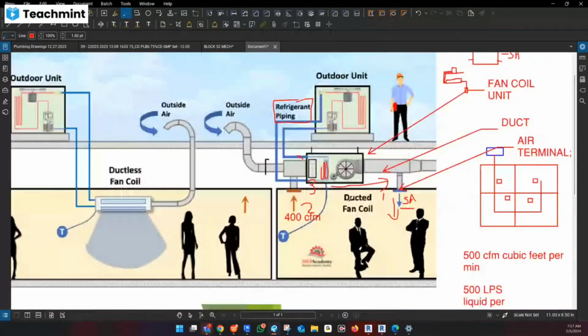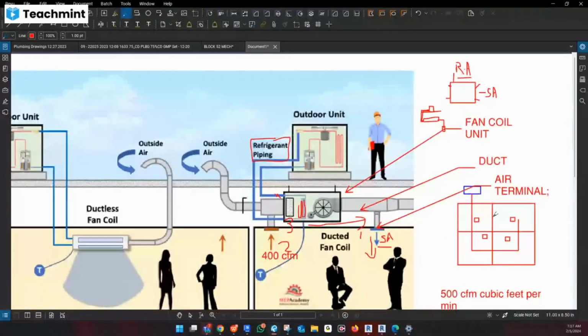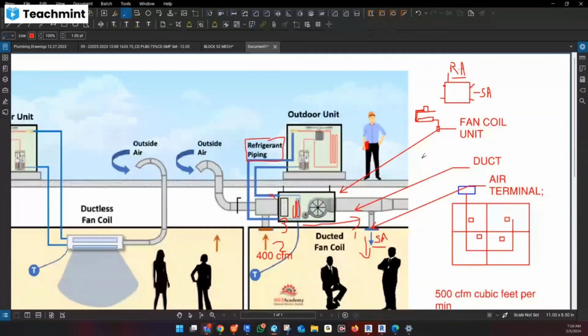From the machine, what system will come? Supply or return? What duct system will come? One is for return and one is for supply.